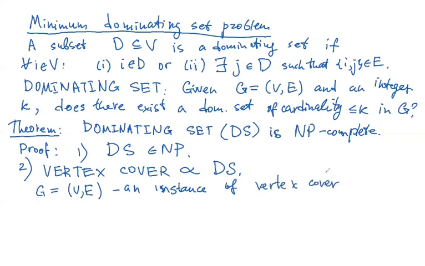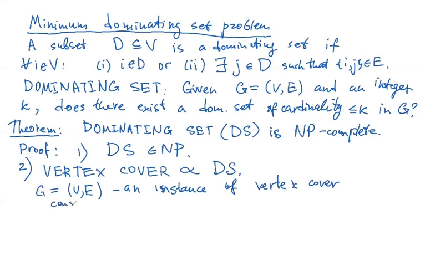So we need to construct an instance of dominating set such that there is a correspondence between dominating set in this instance and the vertex cover in the graph G. Okay, so we can construct the following instance.